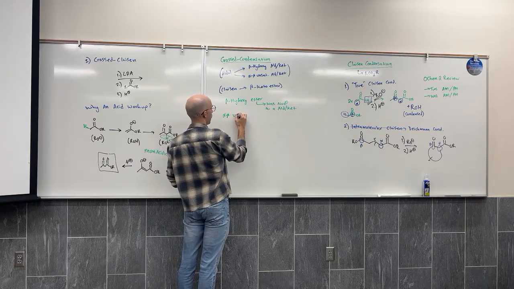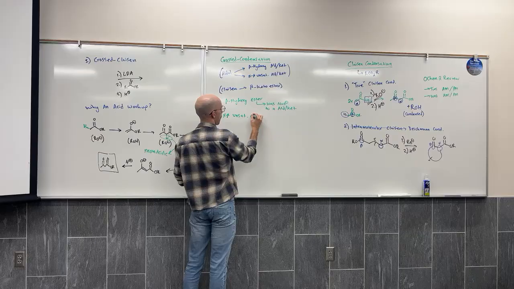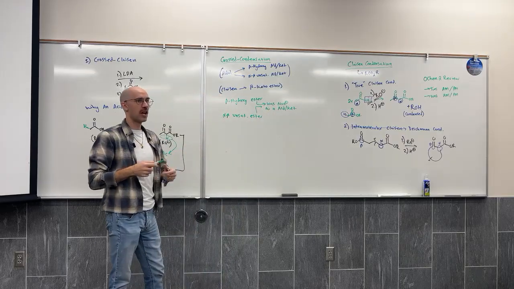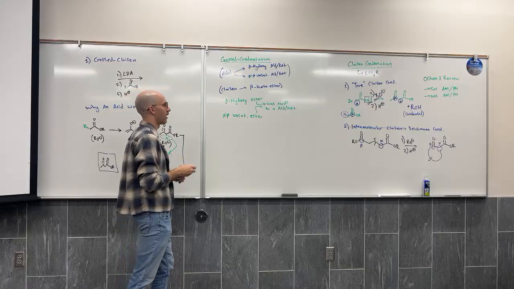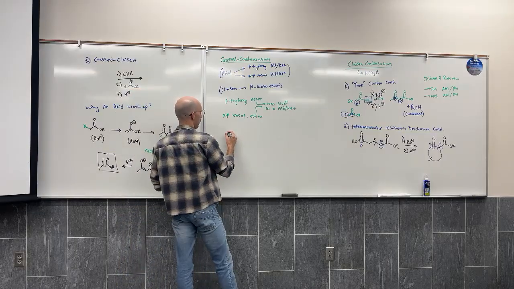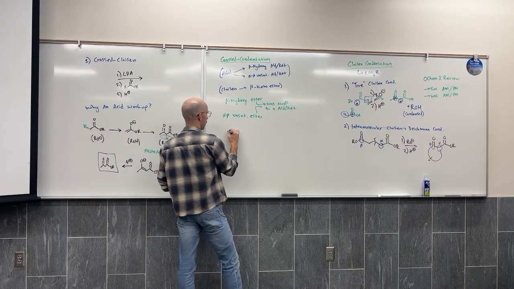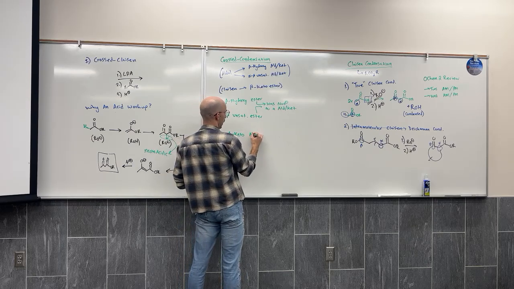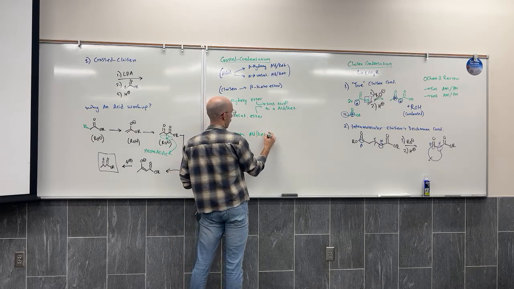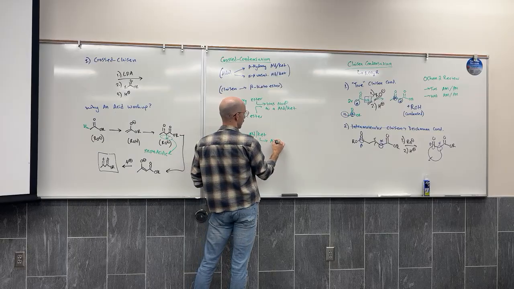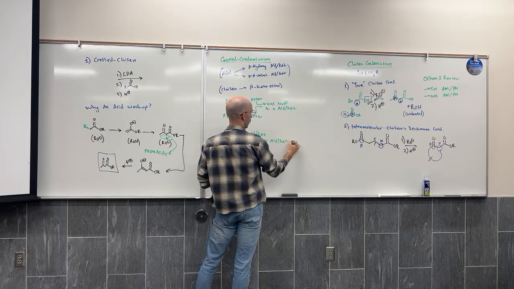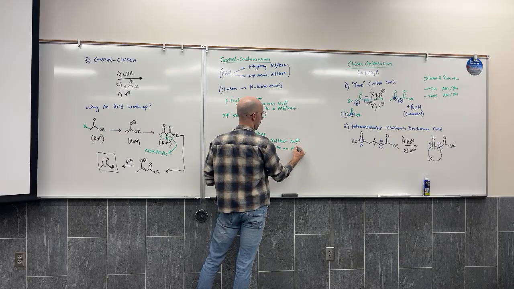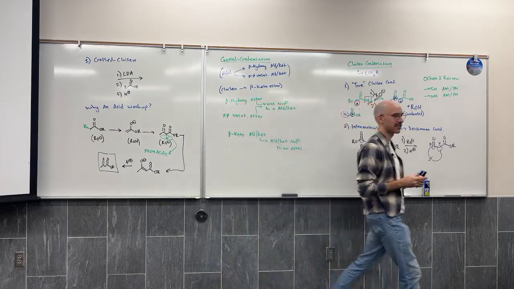Same thing for the alpha beta unsaturated ester. It means that the ester served as a nucleophile to the aldehyde or ketone. And the last type that we could make is a beta keto aldehyde or ketone, which implies that the aldehyde or ketone was a nucleophile to an ester.